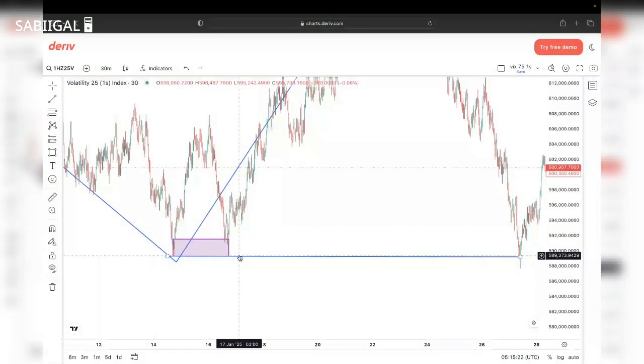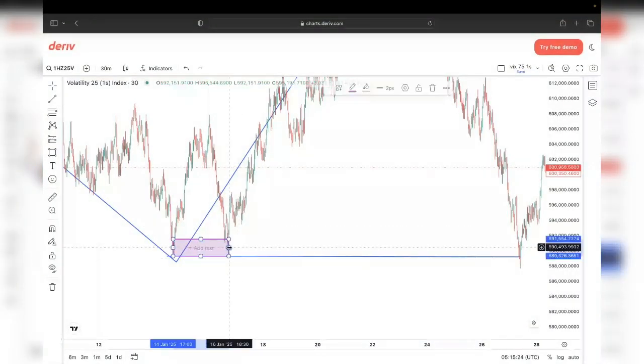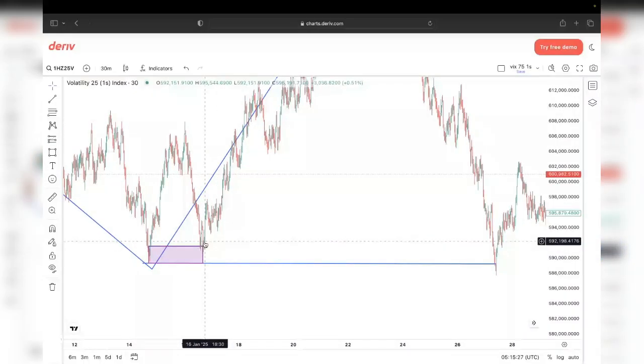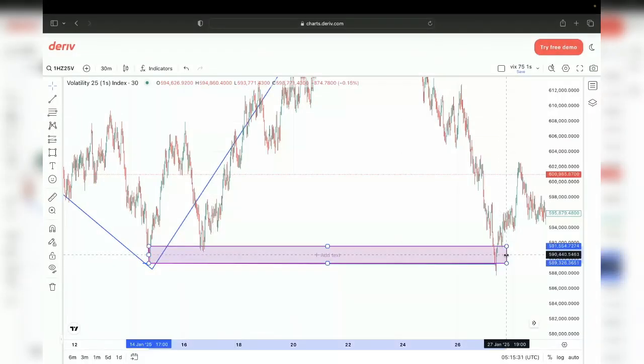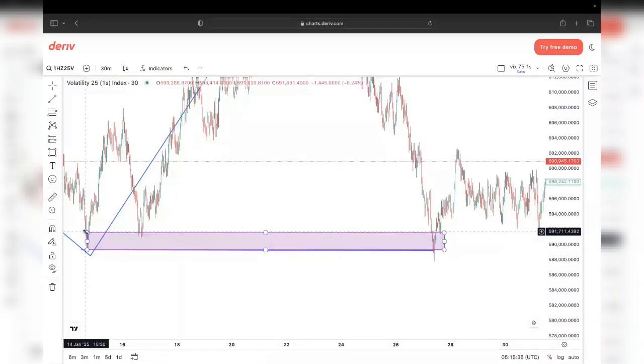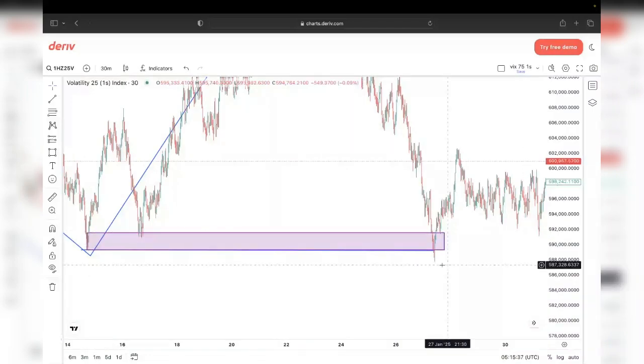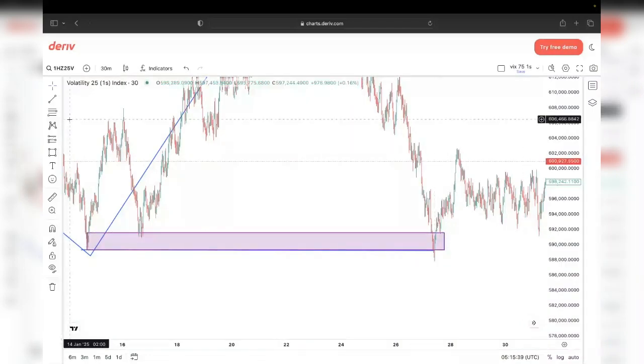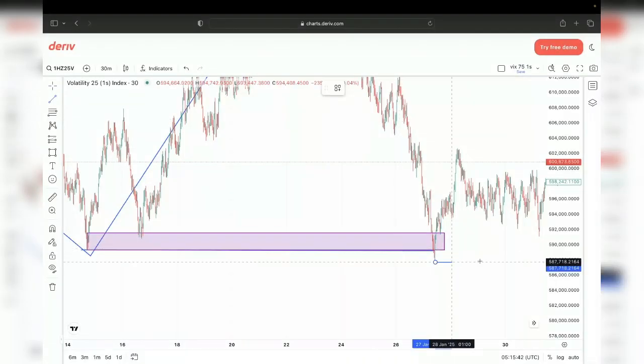So this one has been mitigated, so we can take something from here, or we just take it wherever. The whole thing from this point, where this demand zone is, down to this leg is our POI. You know the meaning of POI, point of interest, the place we are looking out for.